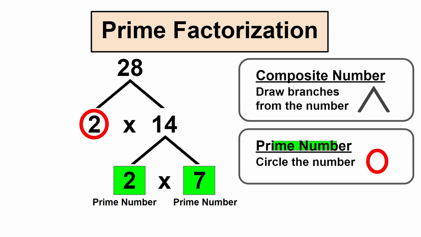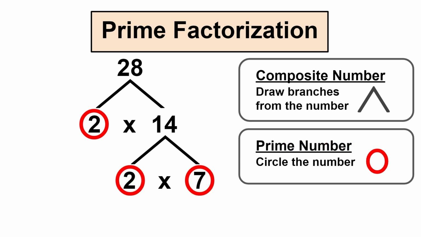So let's circle these factors. And now, since all of the remaining factors on the tree diagram are prime numbers, this means that we've collected all of the prime factors that are to be multiplied to equal 28. So the prime factorization of 28 is 2 multiplied by 2 multiplied by 7.